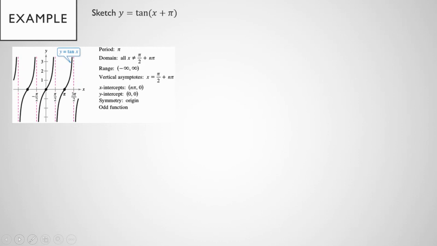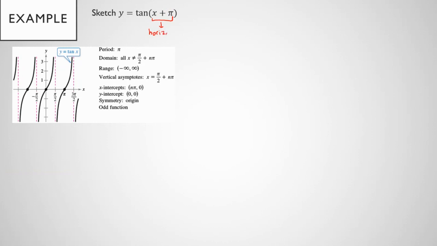So we have y equals tangent, and then inside we have x plus pi. So that x plus pi, everything inside here, once you have something happening inside there, that's going to be affecting your x. Because we have a plus pi, we have something added on, that's a horizontal shift.